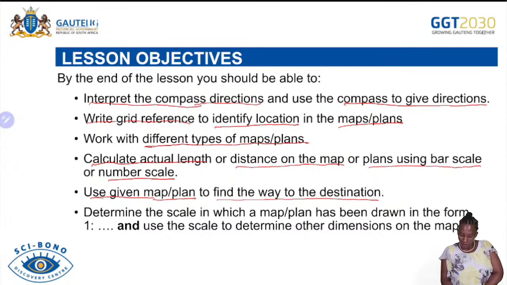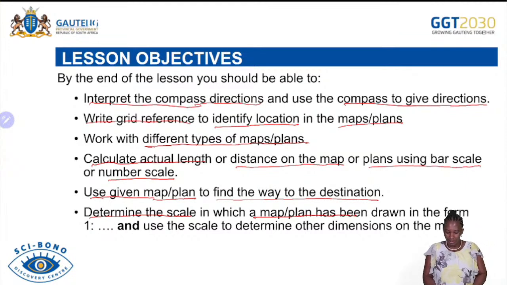Now, the last one: we determine the scale in which a plan or a map has been drawn, in the form of 1:2. Remember, when we write a scale, we write it in the form of a ratio. So we say 1:2 and use that scale to determine the dimensions on the map.